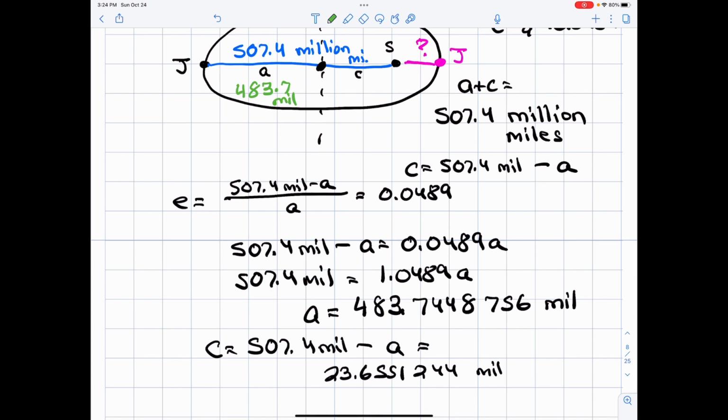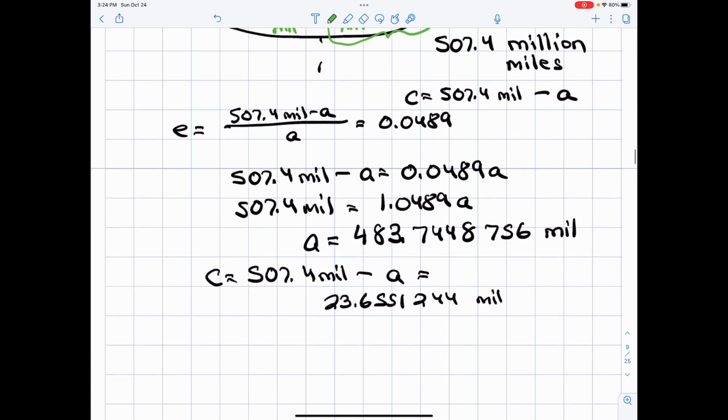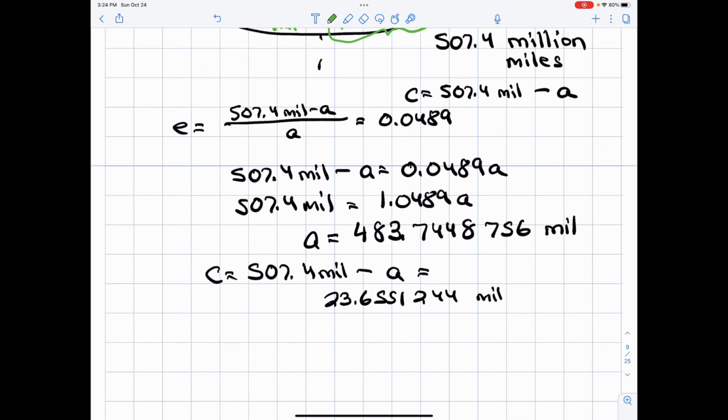We found C was basically 23.7 mil. I'm just abbreviating it up there. And we're still trying to find this. So to find that, we know this entire distance over here is also A. So we can do A minus C. And that's going to give us 460.1 million miles. And there you have it.